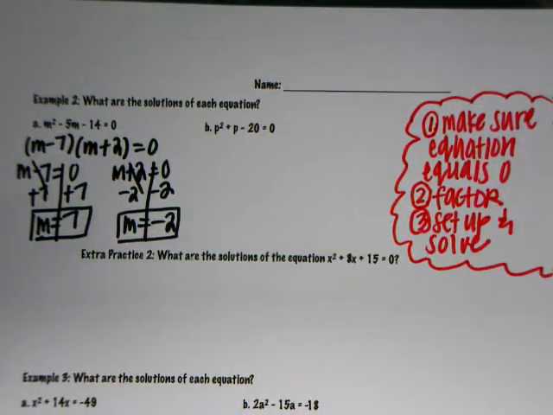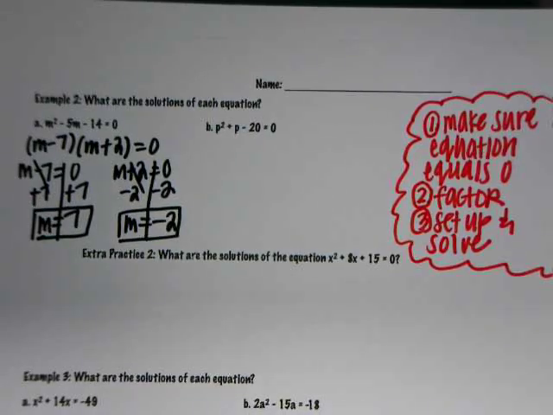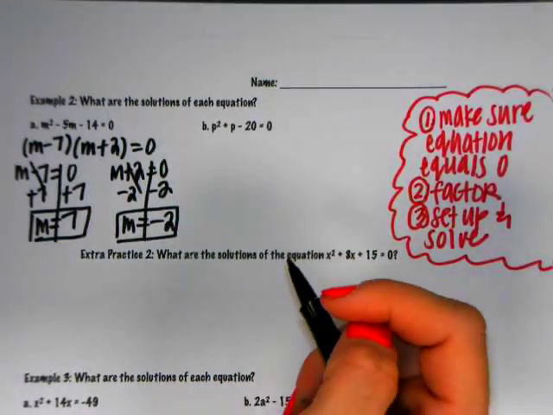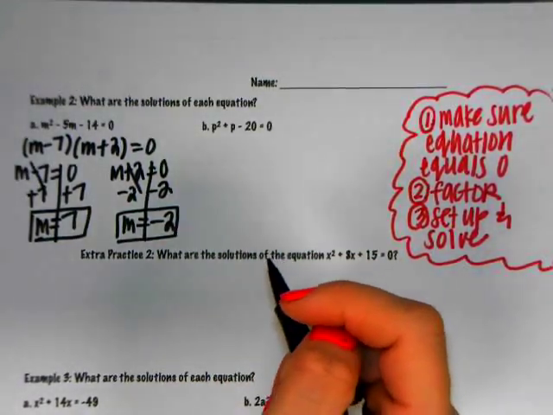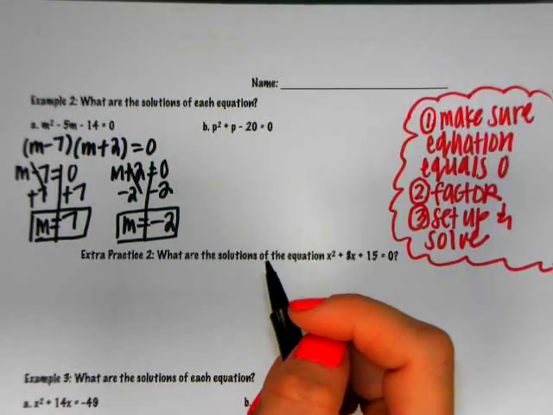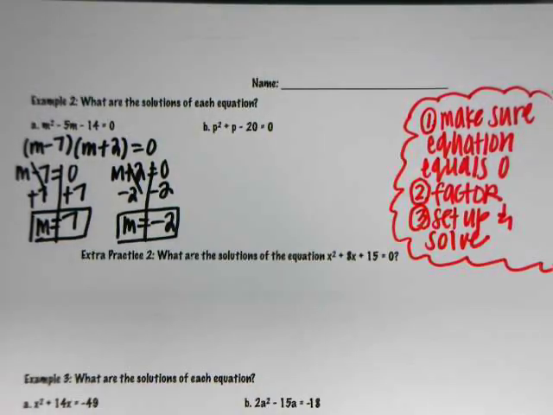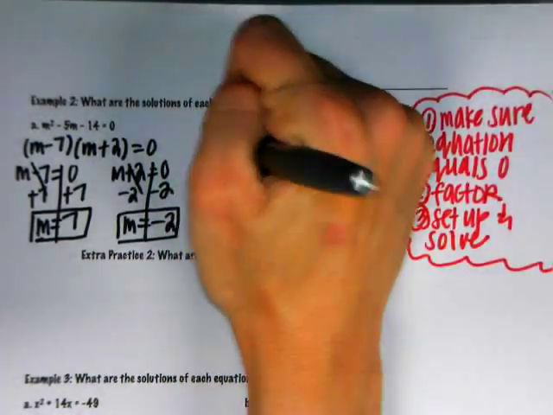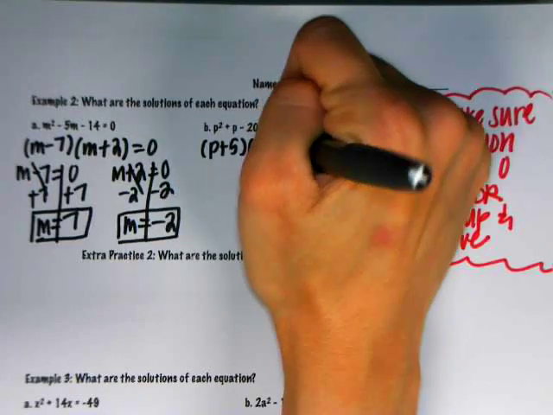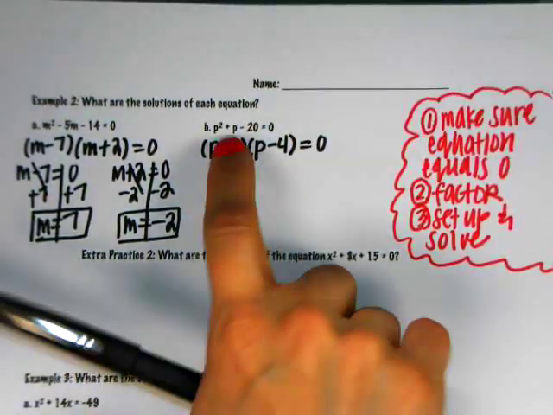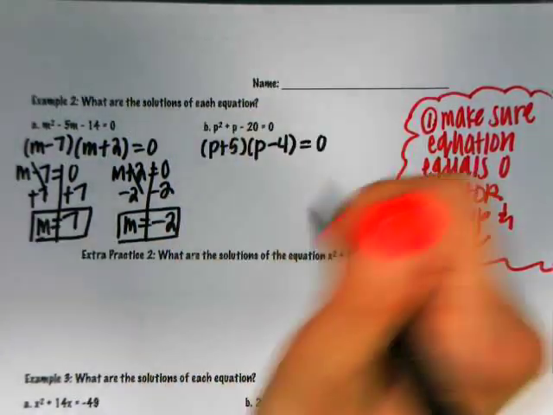All right, so then for B, does our equation equal 0? Yes, so let's factor that side. So what's that going to factor into? 5 and 4. Yes, but which one's going to be negative? Negative 4. Yep, negative 4. So p plus 5, p minus 4. Yes, because it has to add up to the middle. This is 1, right?